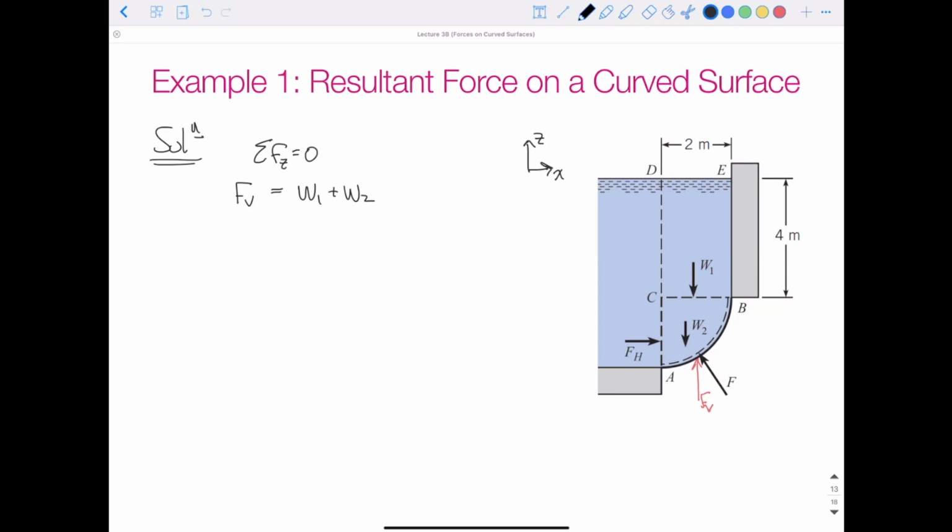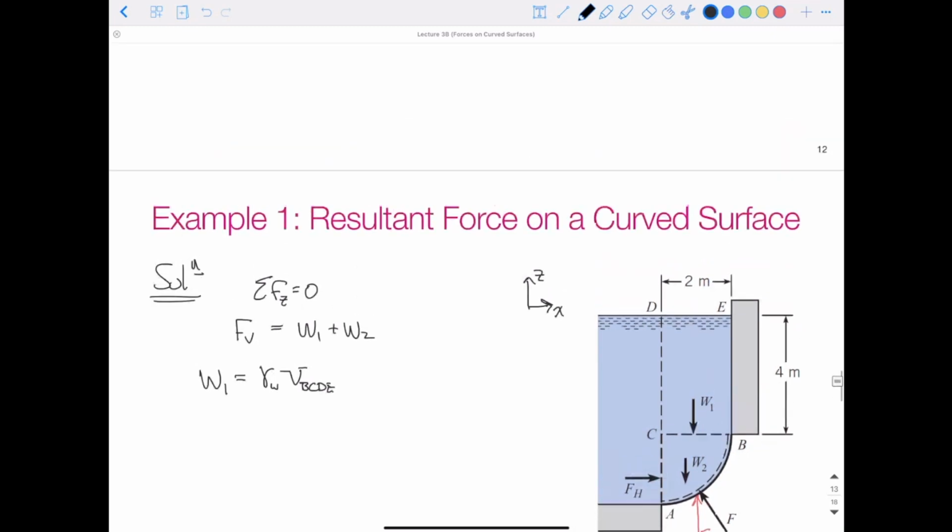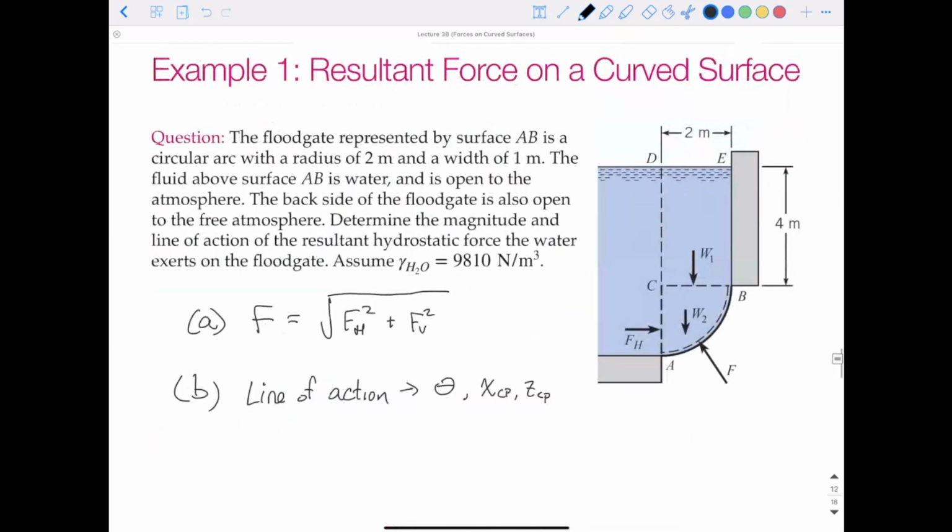Now it's said that both sides of this are open to the atmosphere, so we can ignore pressure due to the atmosphere. So what is weight 1? Weight 1 is going to be gamma of water times the volume of BCDE. So what is the volume of BCDE? If we read the question again, this is a circular arc with a radius of 2 meters and a width of 1 meter.